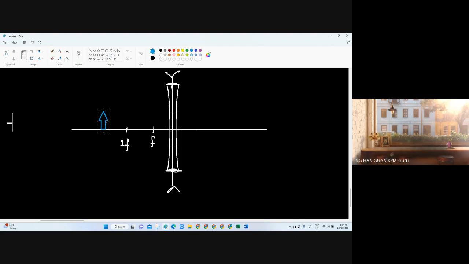And then I duplicate it. So let's say I have another here on the 2F, another here in between, another here on the F, another here less than F.